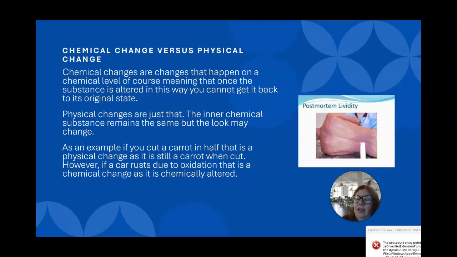If I cut a carrot in half, it's still a carrot. Whereas if I notice there's rust on my car, that's been changed chemically, and I'm not going to be able to get that off. And much the same with our post-mortem staining. You can't really get this off with just regular cosmetics or things like that.